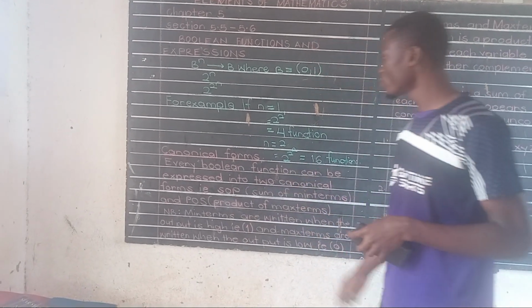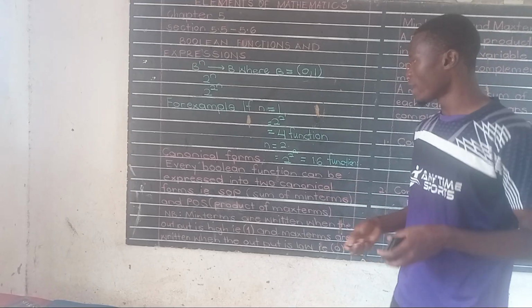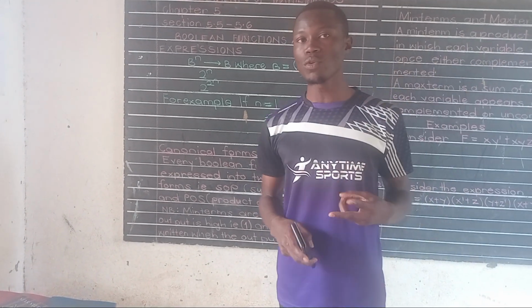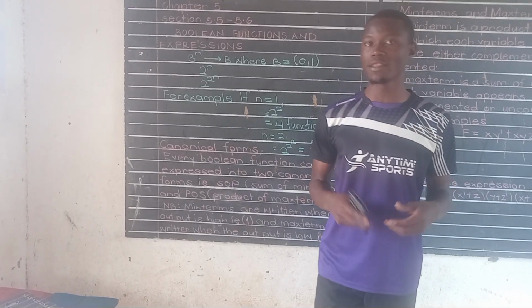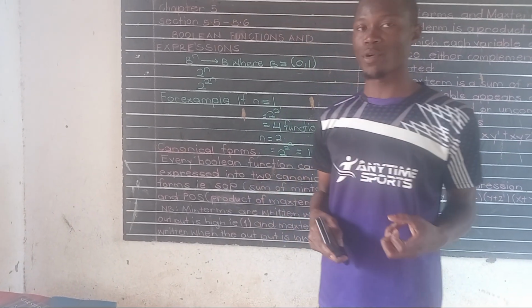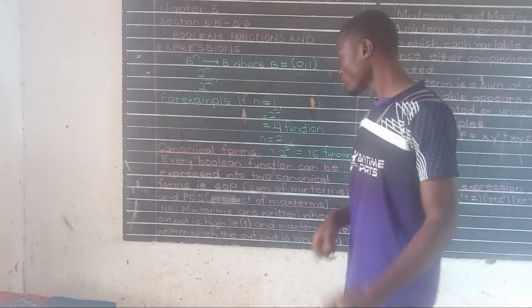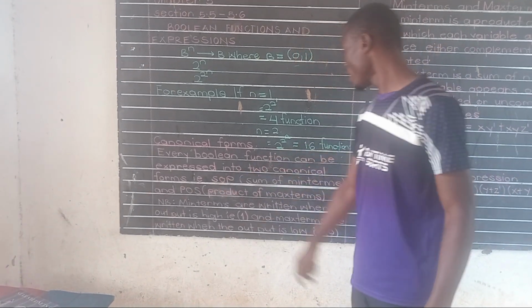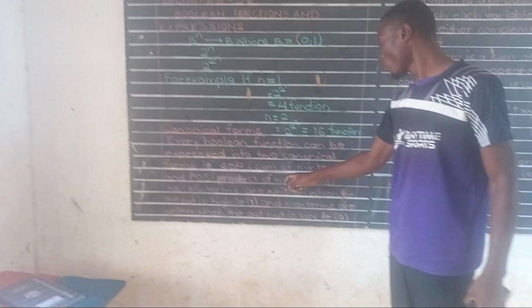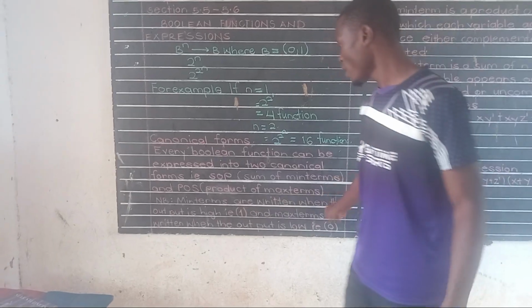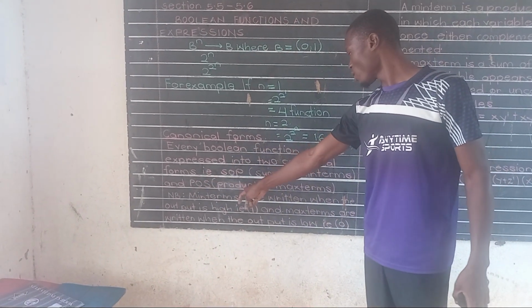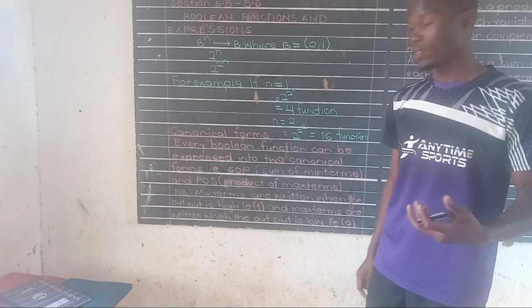So we can proceed to the canonical forms. Every Boolean function can be expressed in 2 canonical forms, i.e. the sum of products and the product of sums. I quoted in brackets that the sum of products is also known as the sum of min terms, and the product of sums can also be referred to as the product of max terms.